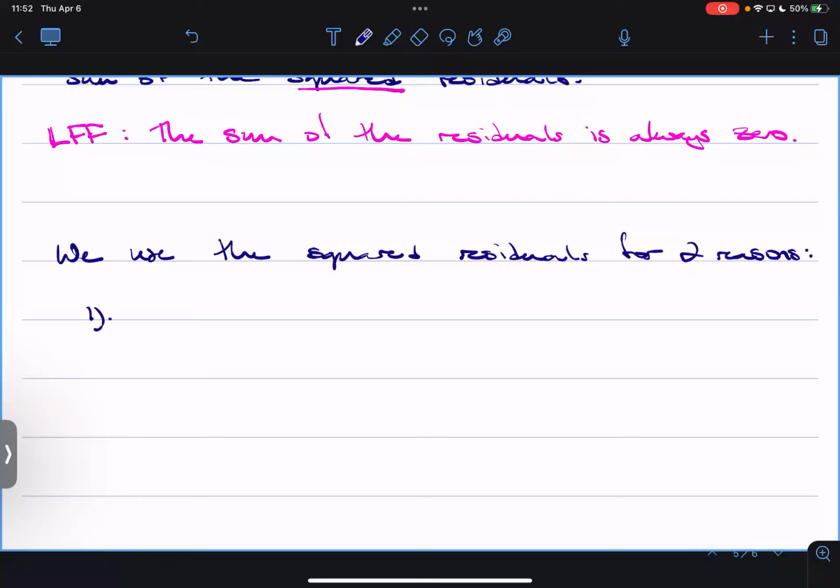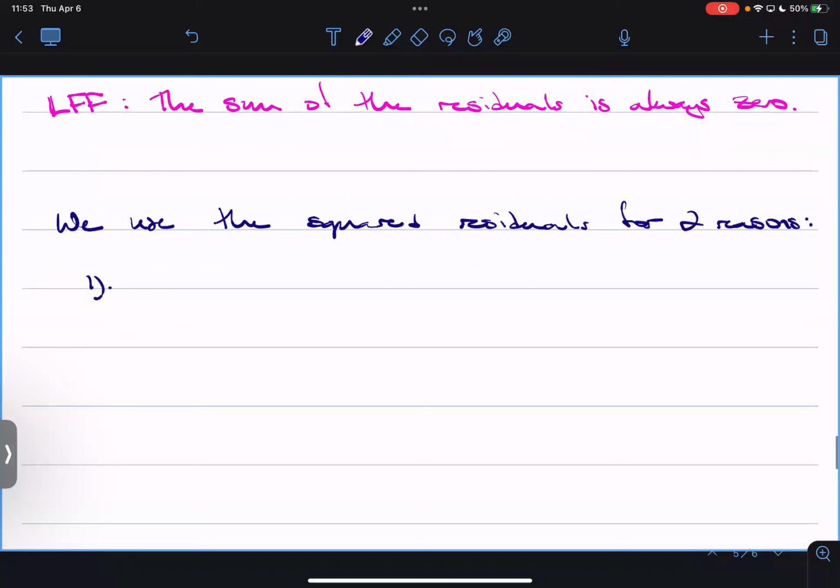We had to deal with positives and negatives. Because of how we fit the line, they're going to add to 0, so I need to make my negatives stop canceling out my positives. One way to do that would be to square them. Squaring negative values makes them positive. Alternatively, there is a method where you just take the absolute value, which is also a way to turn a negative into a positive.